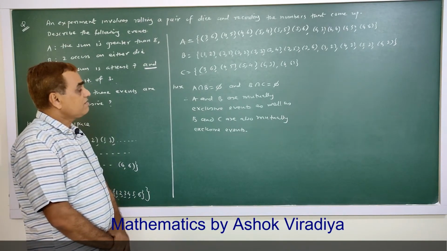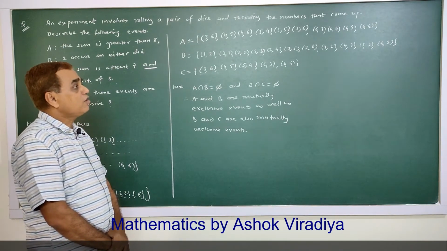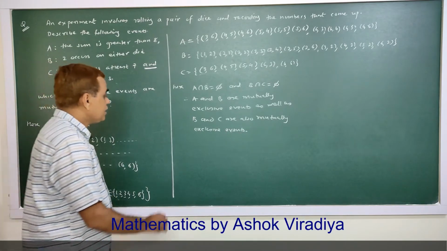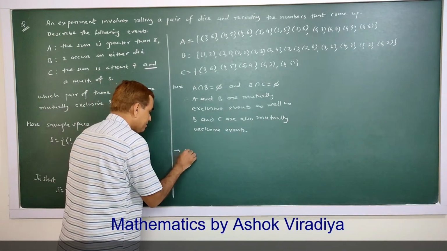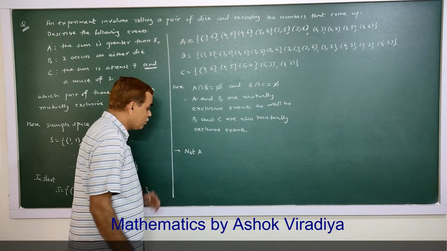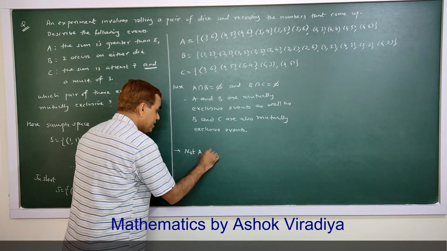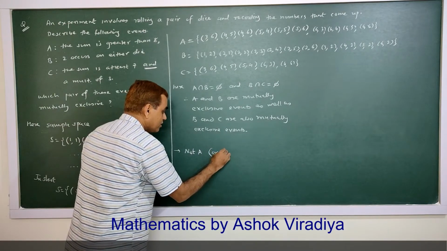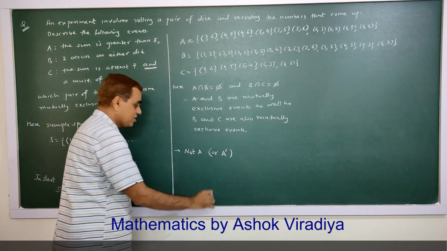Suppose we want event not A. We describe event not A. Not A is also denoted as A dash.